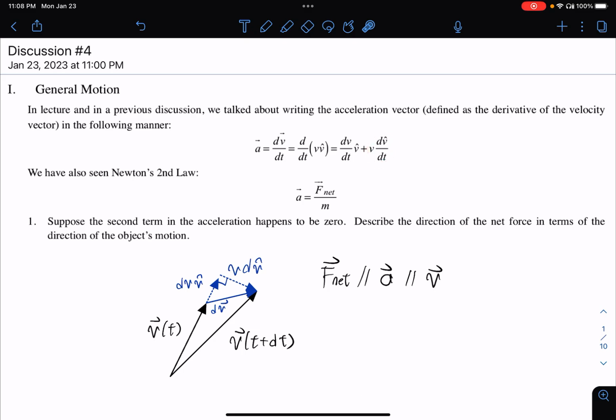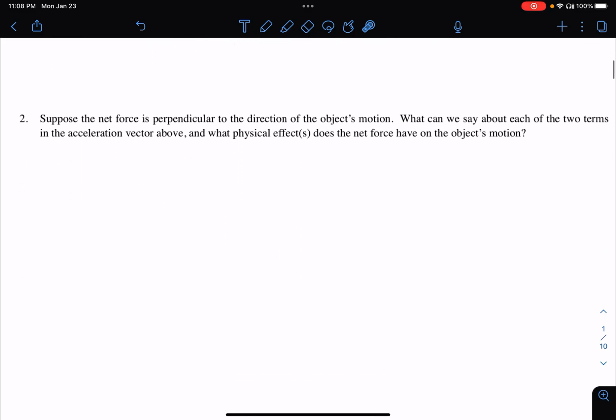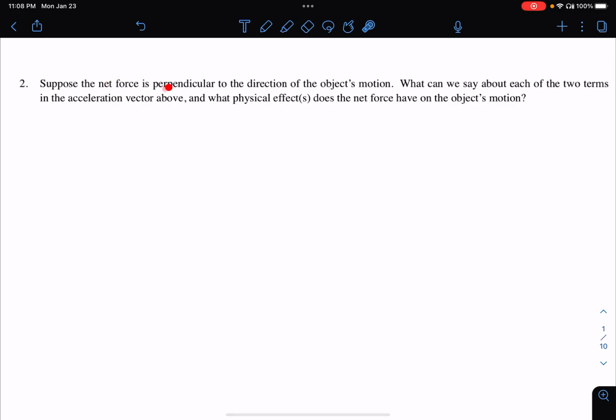Now, when the force is perpendicular to the object's motion, we know that the acceleration, which is parallel to the net force, will also be perpendicular to the object's motion.